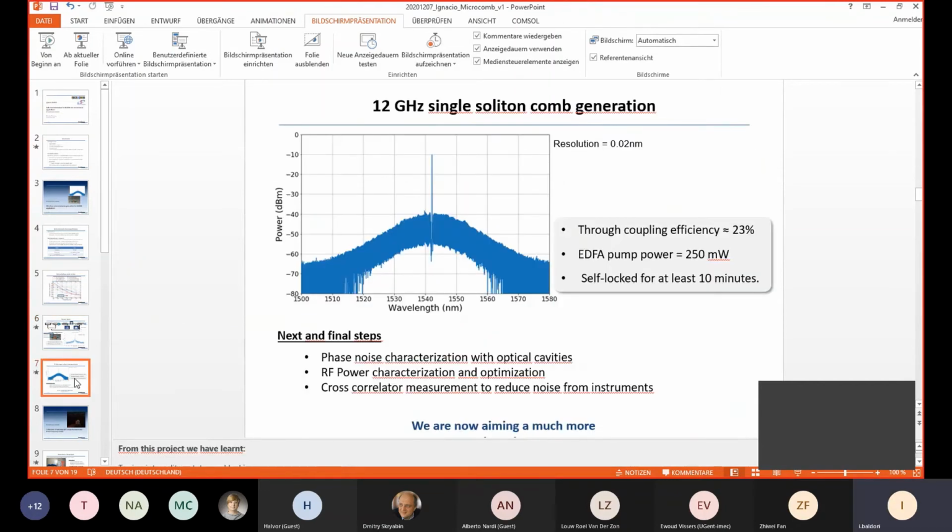Anyway, we keep going, and now we have started to work with a 12 gigahertz chip. And not long ago, we were able to get a single soliton comb generation at 12 gigahertz. This was done thanks to a higher through coupling efficiency of around 23%, and an even lower EDFA pump power of 250 milliwatts.